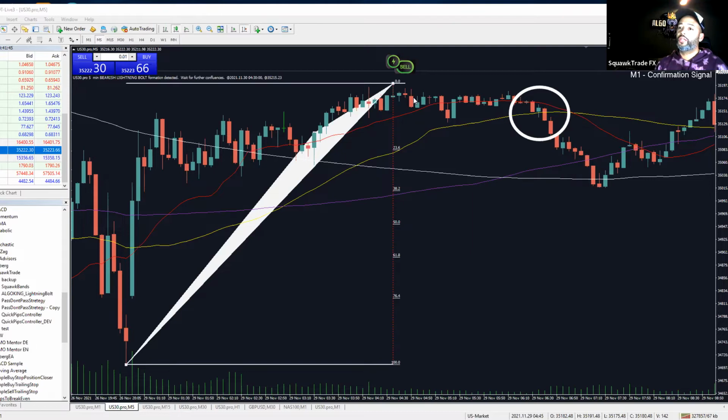Okay, so one question that came in is, why does the lightning bolt paint the way it does, maybe two bars away or one bar away from its high? And the reason why is because I have confluences built in that let me know and make me feel comfortable that the odds are that it could continue to swing in the opposite direction, a reversal.